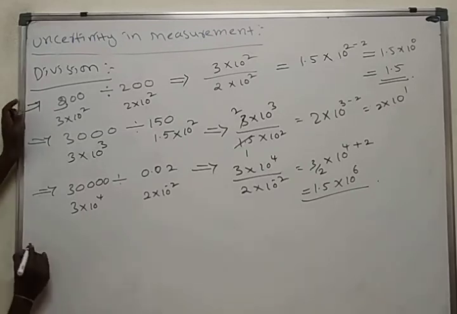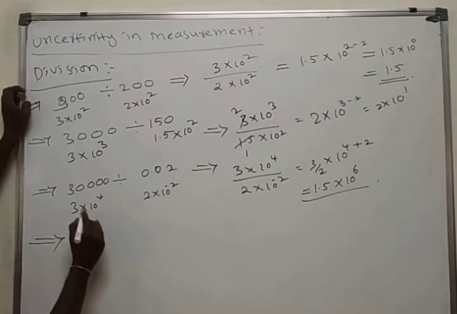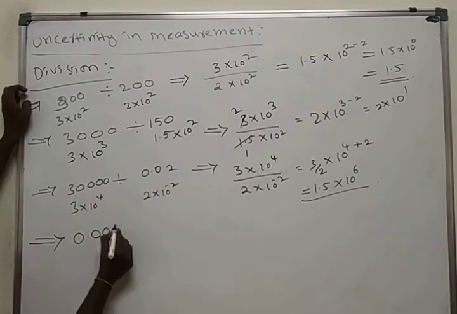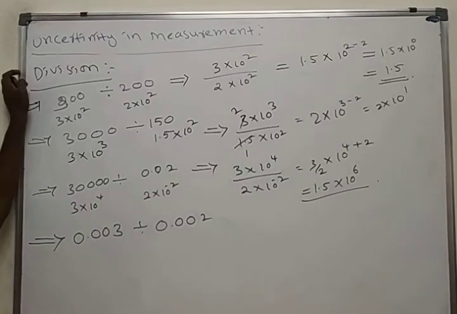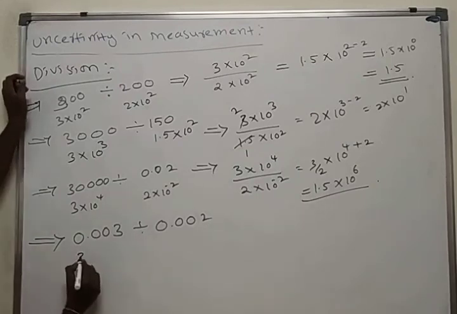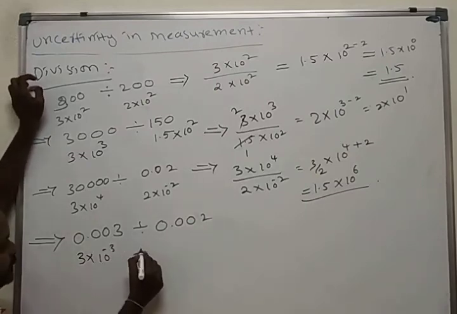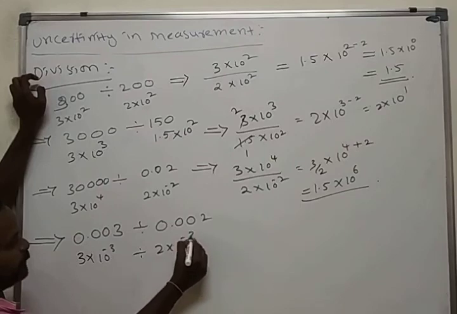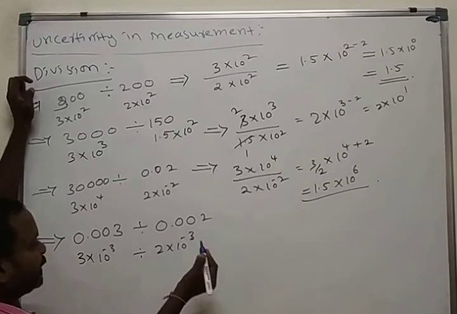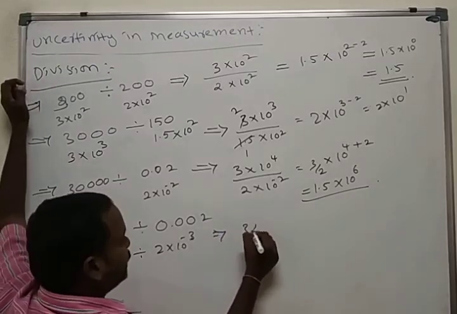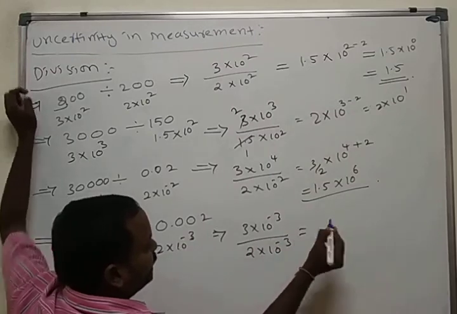You take any number. Suppose, for example, 0.003 divided with 0.002. That is 3 into 10 to the power of minus 3, division with 2 into 10 to the power of minus 3. What happened here? 3 into 10 to the power of minus 3 by 2 into 10 to the power of minus 3.